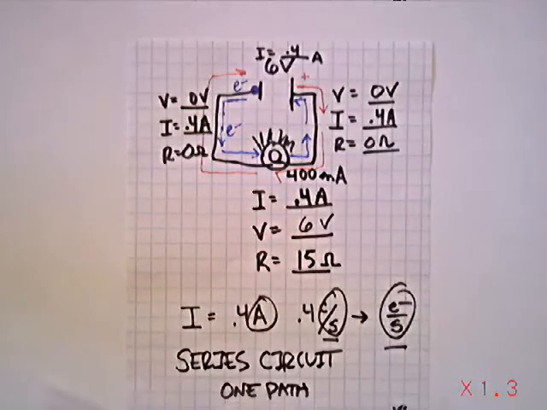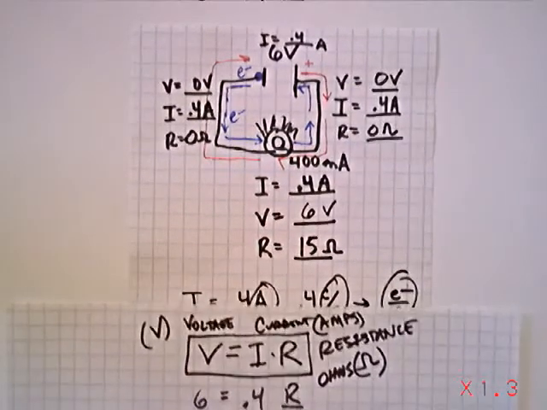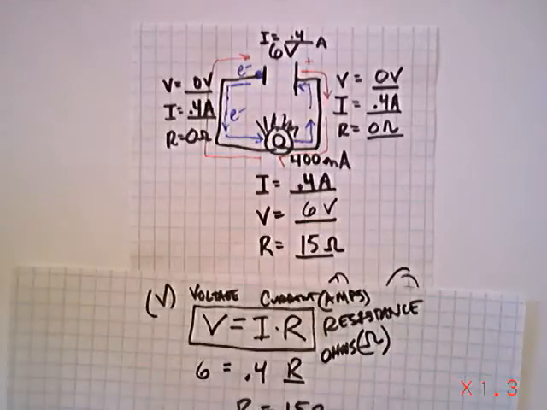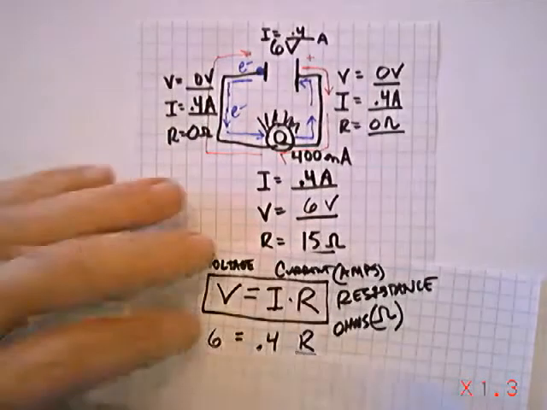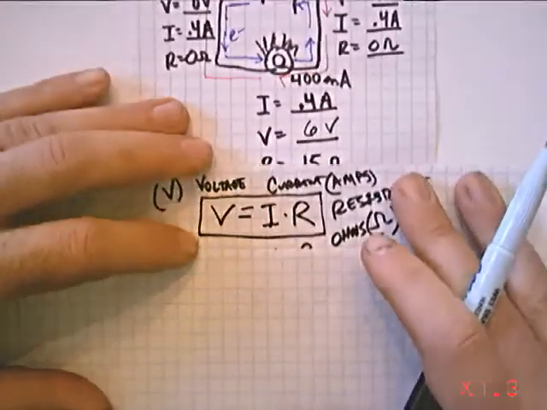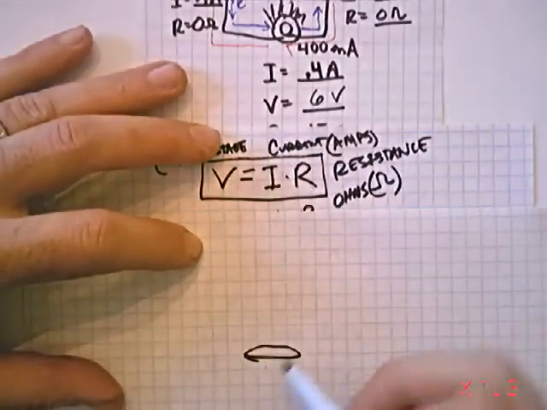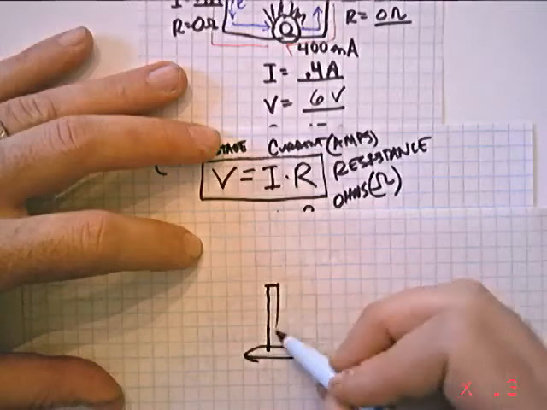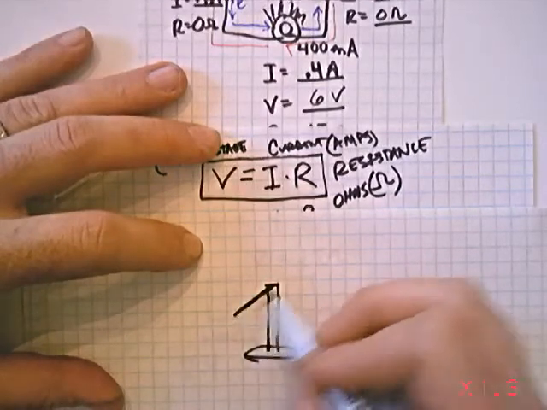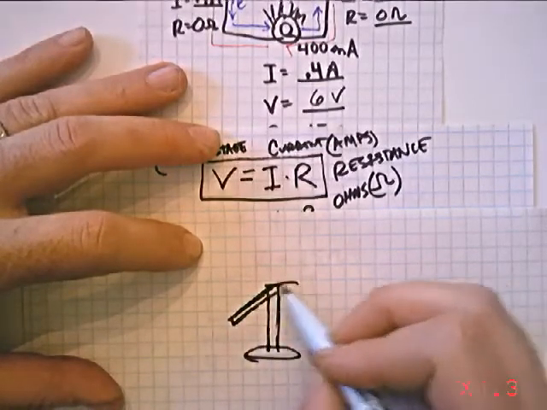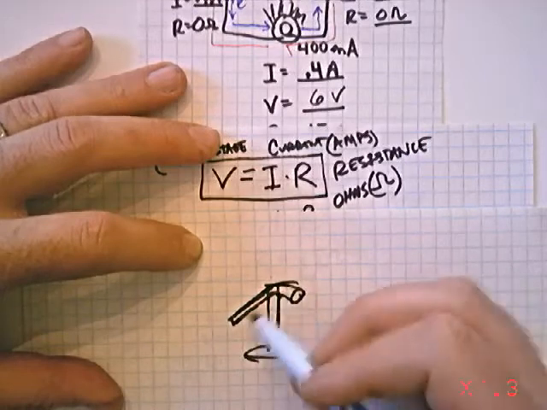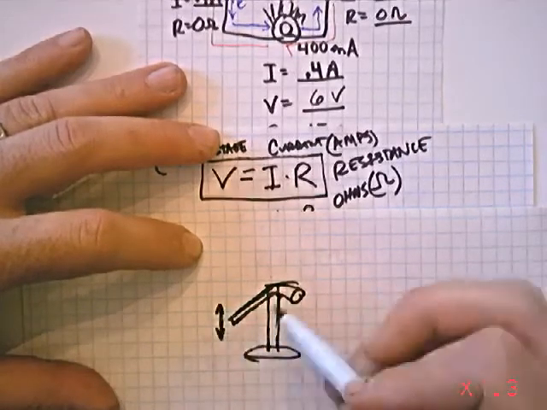Probably the best analogy I've heard to help understand Ohm's law is this concept of a pump. So maybe you've been to a park, like Charleston Falls or something, and you've seen a hand pump. A hand pump has a lever, and then it's got a spigot here, and you move the pump up and down.